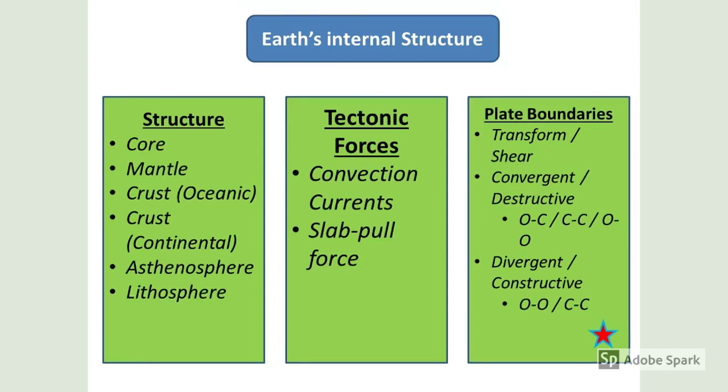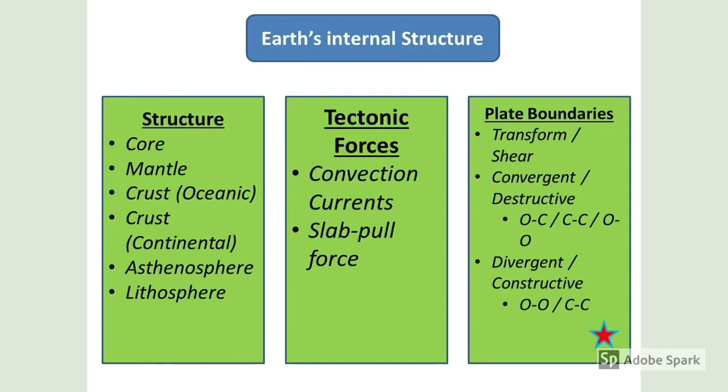Moving on from there, we are looking now at tectonic forces, which is basically the energy that causes the movement of the crustal plates on planet Earth. So when we look at tectonic forces, we are looking at this key concept of convection currents that occur within the mantle itself.